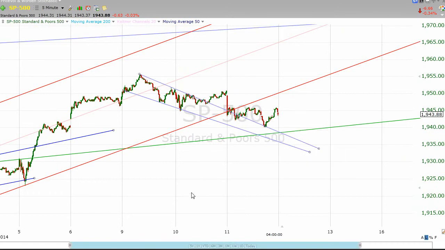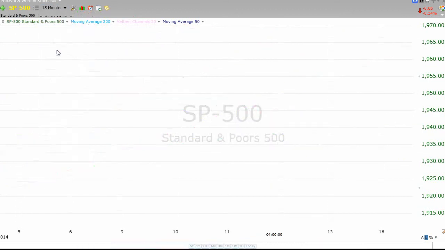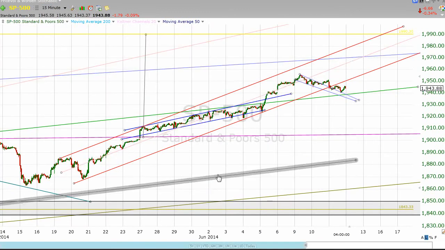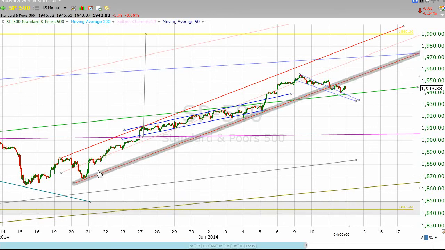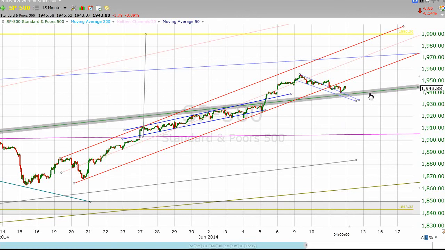And I'll be honest with you, I'm now thinking that even this red channel may end up being something inside of something. Just like this channel was inside the red channel, this channel was inside the red channel, this move up was inside the red channel. Now, I want to see where we bounce.